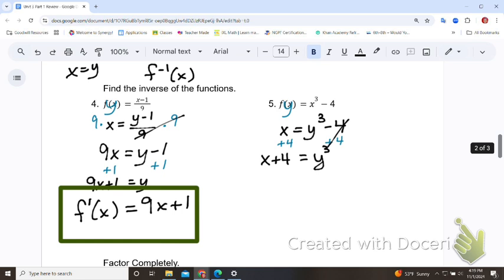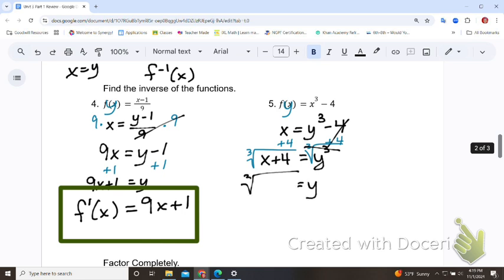And now, to get rid of cube, we use the root. Roots and powers are opposite or inverse operations. So it's a third power, so we use third root. And whatever I do to one side, I got to do it to the other side. And everything that's on that other side gets the root. We don't do the root until the variable with the exponent is alone. And so that cube root and cubed just get rid of each other.